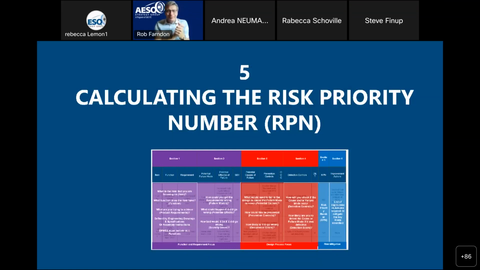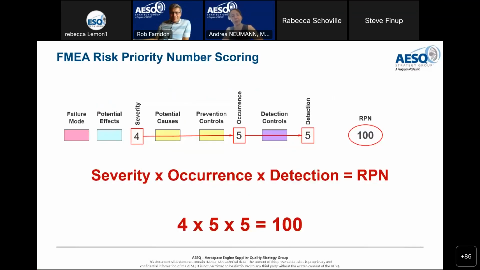Okay. So then we just go on with the risk priority number in a short step. The risk priority number is the severity multiplied with occurrence and detection. And the example is quite easy.